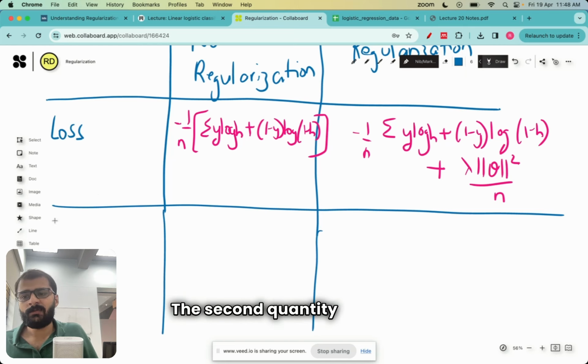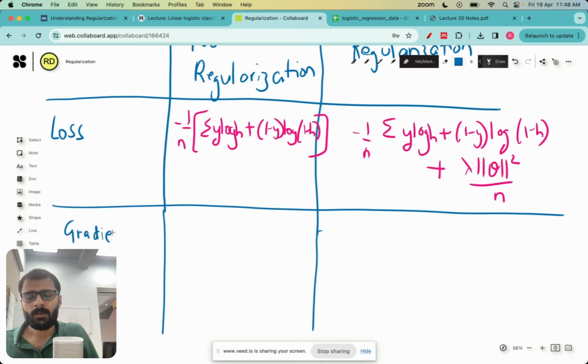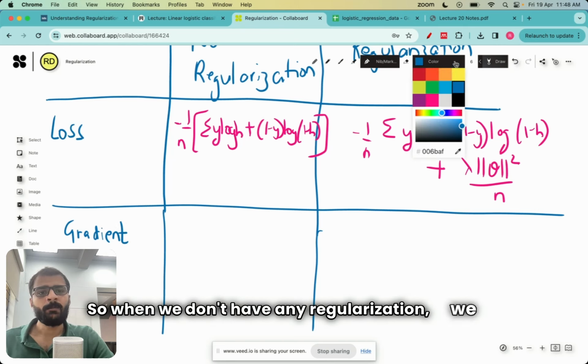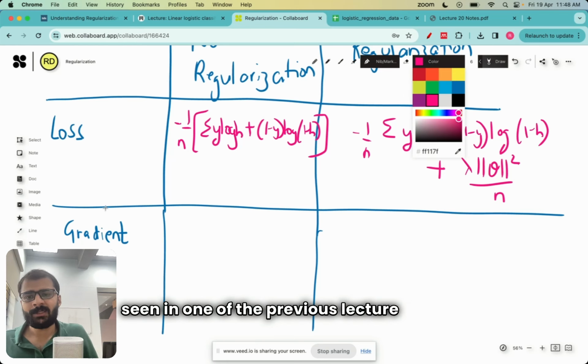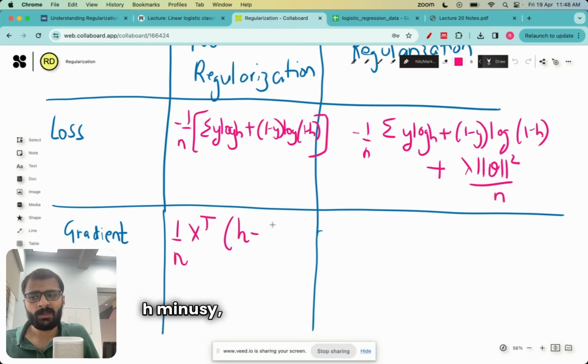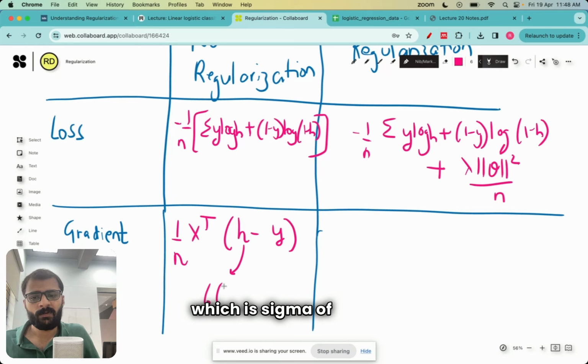The second quantity which we will compare is the gradient. So when we don't have any regularization, we have seen in one of the previous lectures that the gradient term looks something like this: x transpose h minus y, where h is just the sigmoid, which is sigma of x theta.